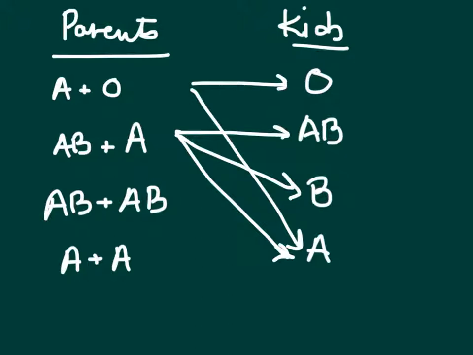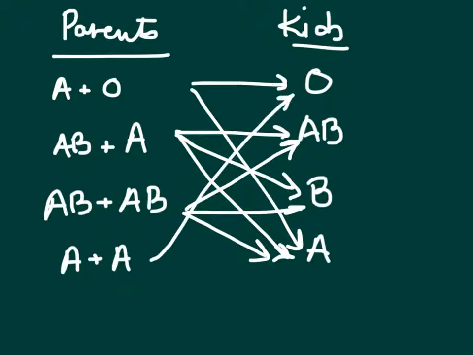How about our A B and A B parents? Oh man. And our type A parents? Dun dun dun, somebody's looking for a new job.